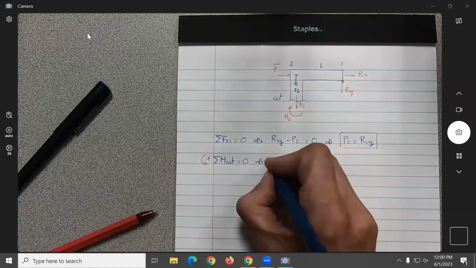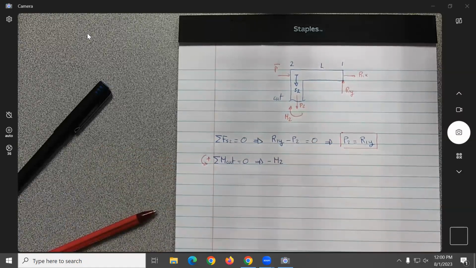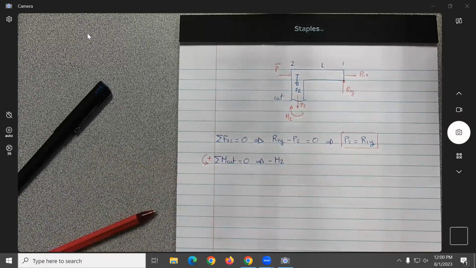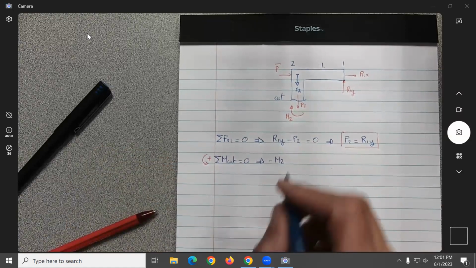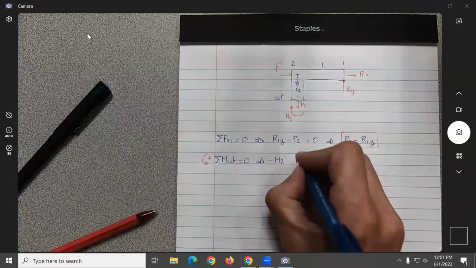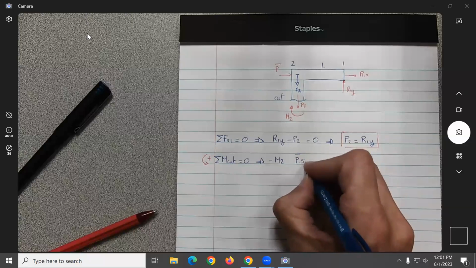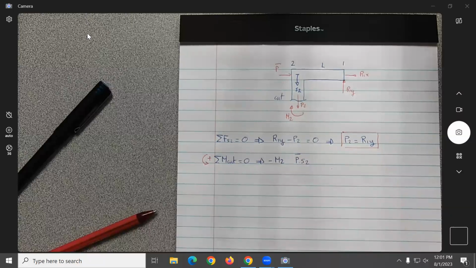So what do we get? What about the force P bar, the moment about the cut? Yes. Okay, that would be what? P bar times S2, positive or negative? Negative. What else? What about the forces R1X and R1Y?